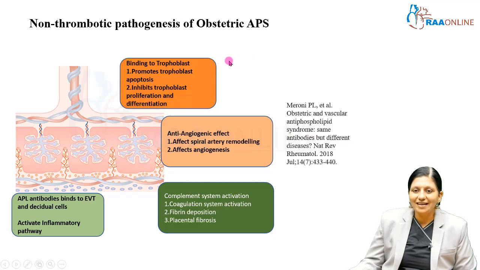So various levels can be there. What are the immunological levels at which the placental bed can be affected? What we see here is the fetal tertiary stem villi with fetal blood vessels. And we see here the umbilical vein and the umbilical artery. And this is the choriodecidual interface.